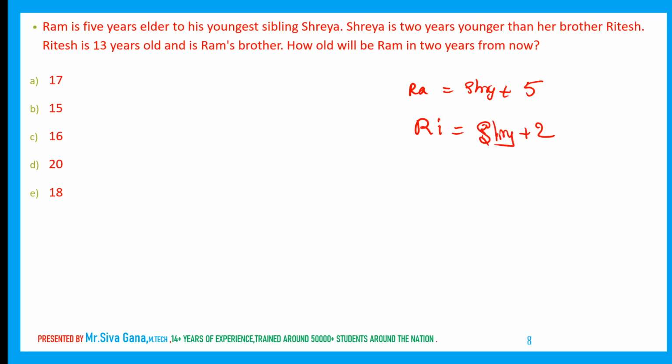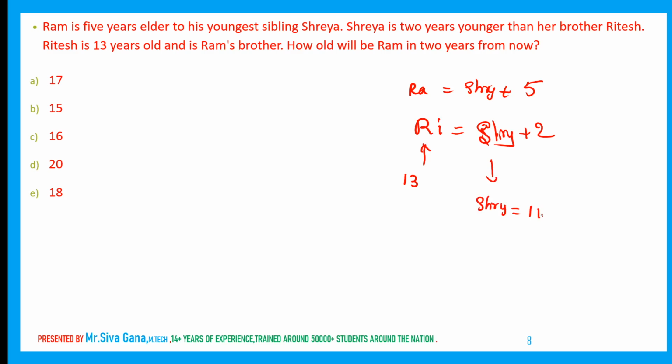Ritesh is 13 years old and is Ram's brother. So if I put 13 over here, I will get Shreya's age. Shreya's age is 13 minus 2, 11.